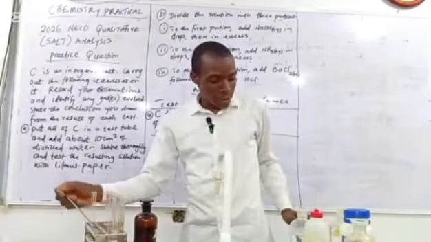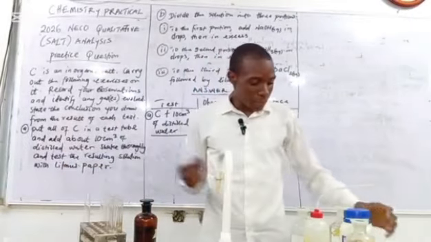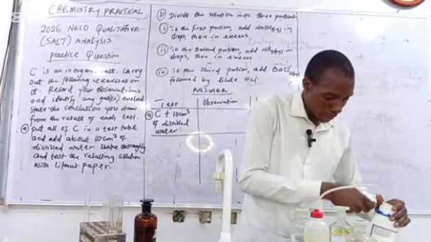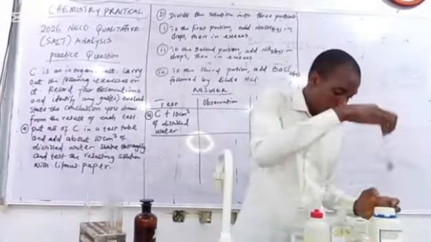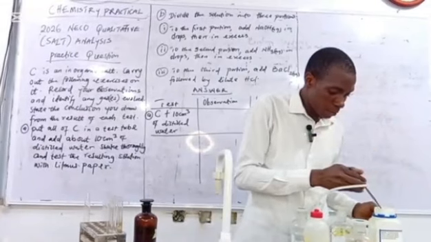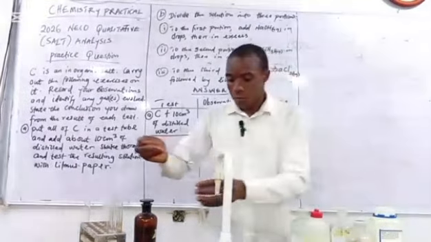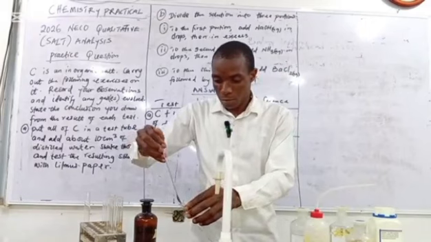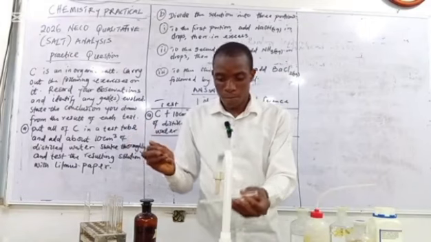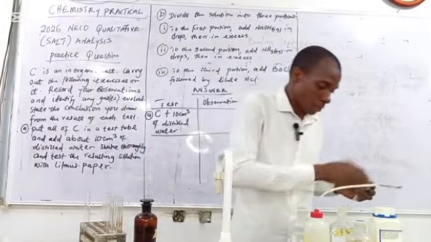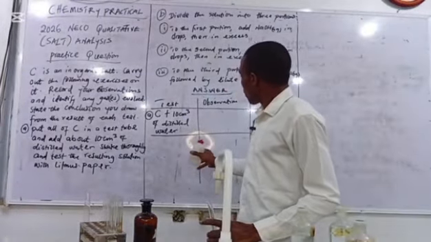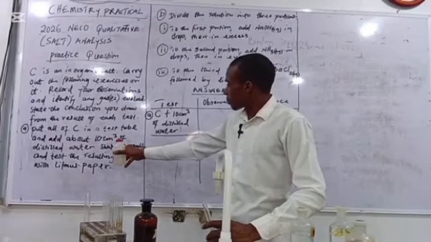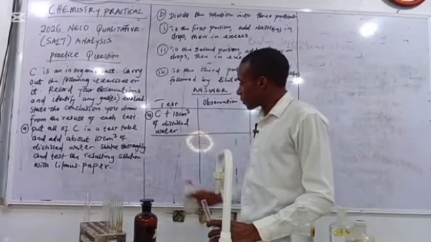So we are looking at sample C. Sample C: put all of it in a test tube and add about 10 cm cube of distilled water.